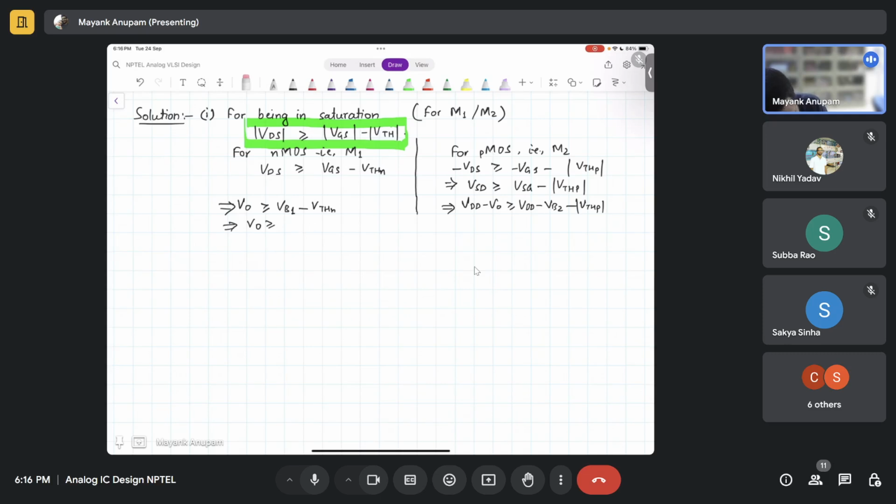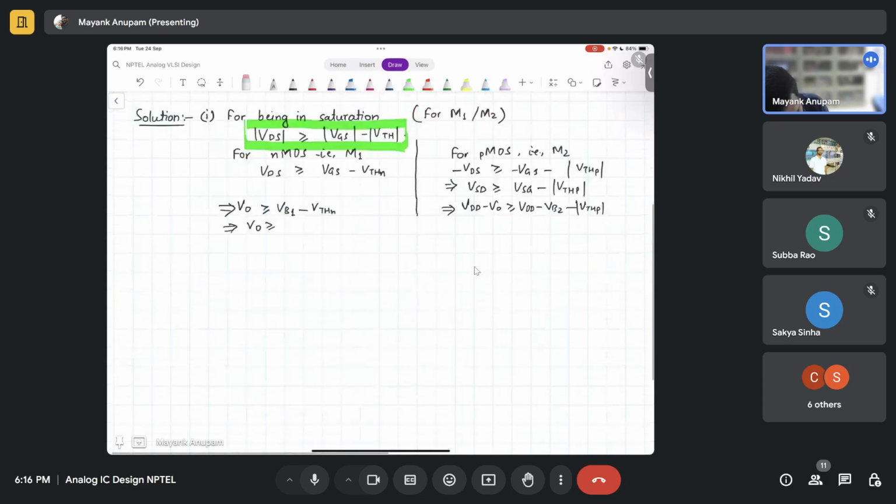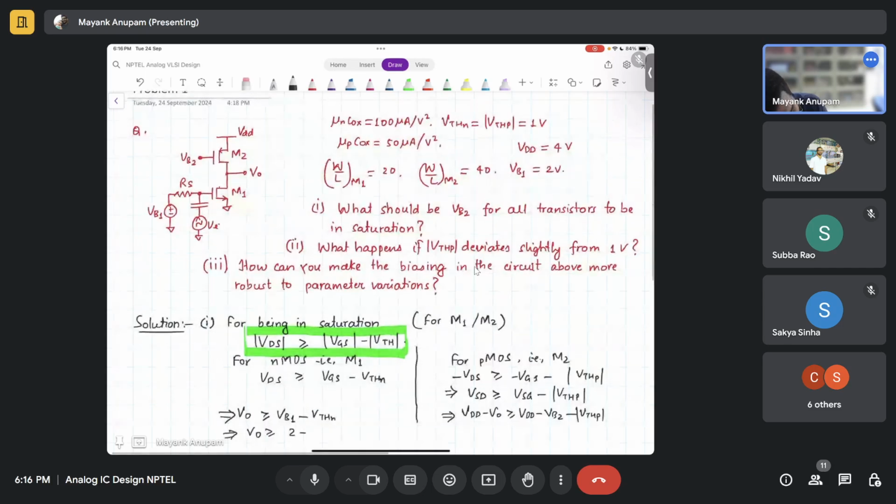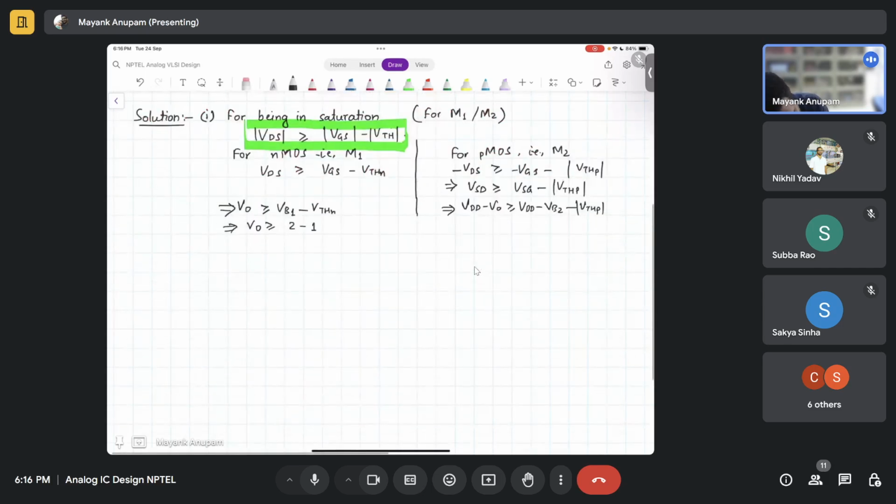What is VB1 by the way? VB1 we know, 2 volts. And what is VTHN? It is 1. 2 minus 1. And here VDD and VDD cancel each other. So your VO should be less than or equal to VB2 plus 1 volt. Correct?